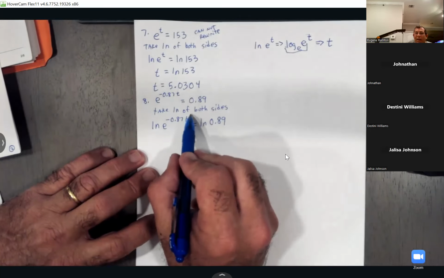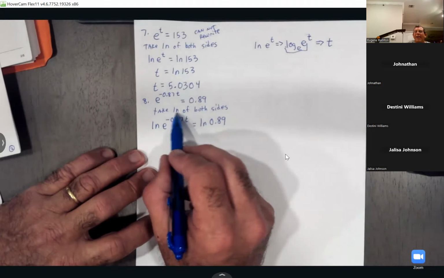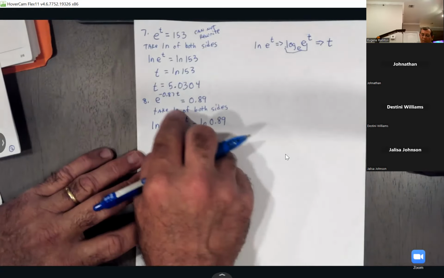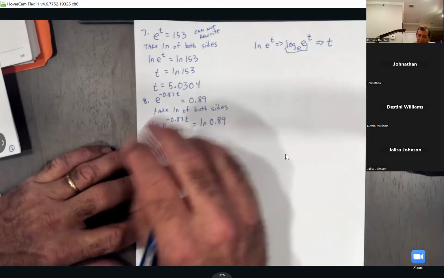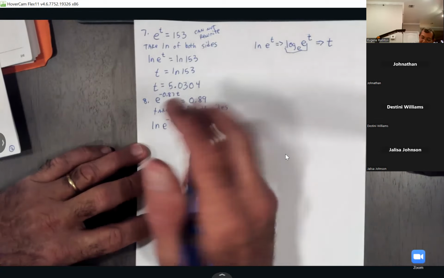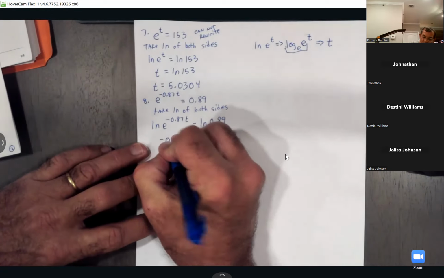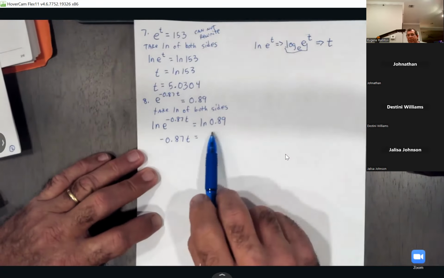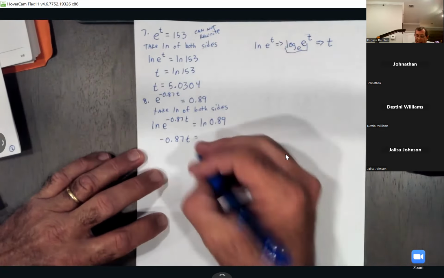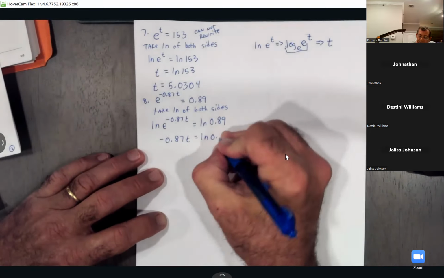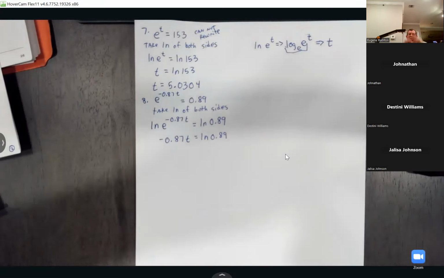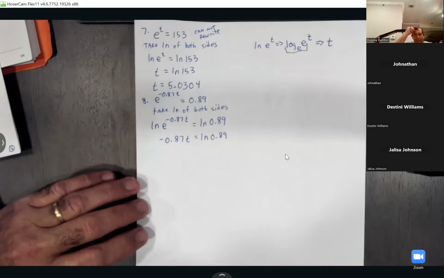Because notice my whole exponent is this negative 0.87 T. So remember, all that would come down to the front. So you're really close, but we need that negative 0.87 T. And that's just going to equal what? That ln of 0.89. Yeah, so just remember that whole exponent will come down when you do that, okay?